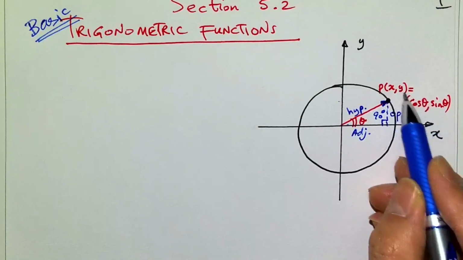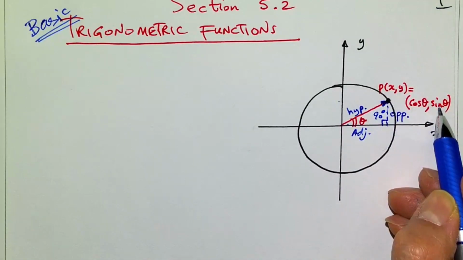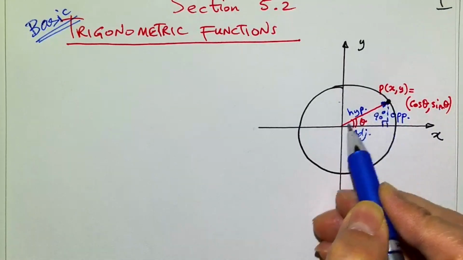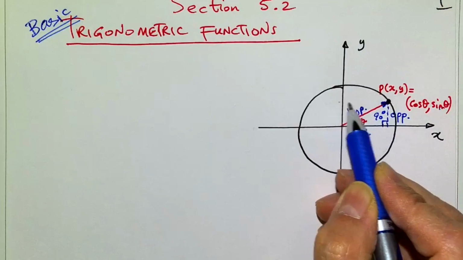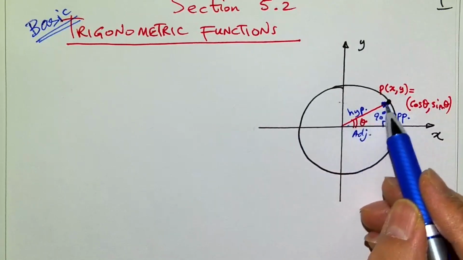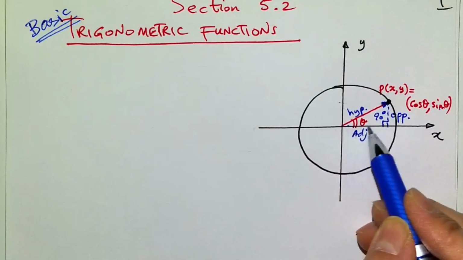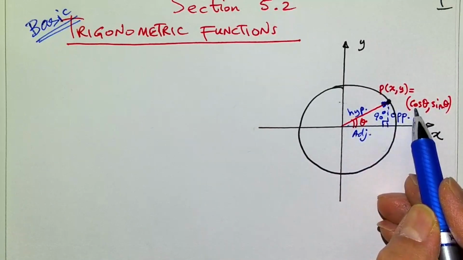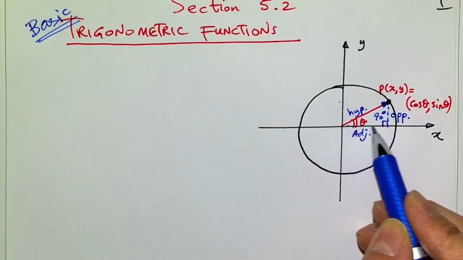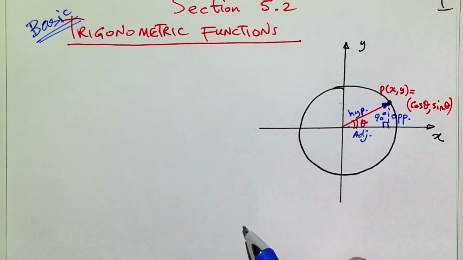That's y. Just compare that. Y is equivalent to sine of theta. That's the projection of this terminal side of this angle on the y-axis. And cosine theta is the projection of this terminal side on the x-axis. That's why we say x is equivalent to cosine of theta. It represents this side of this right triangle.